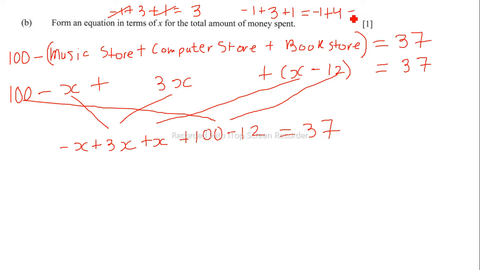And we could write negative 1 plus 4 as 4 minus 1, and that's just 3. So negative x, 3x, and x is simply 3x. So it's 3x plus, what is 100 minus 12?